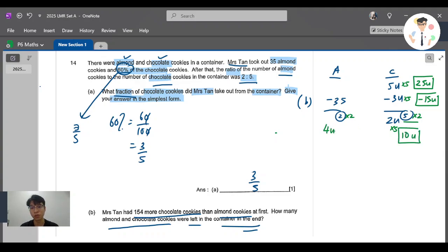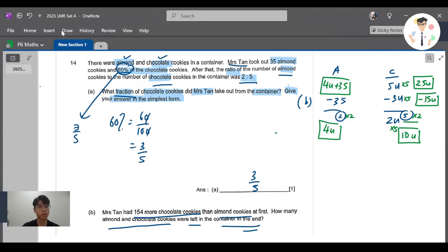Here supposed to be 4 units. Looks nice, right? After taking away 35, I have 4 units, which means before I had 4 units plus 35. Makes sense?